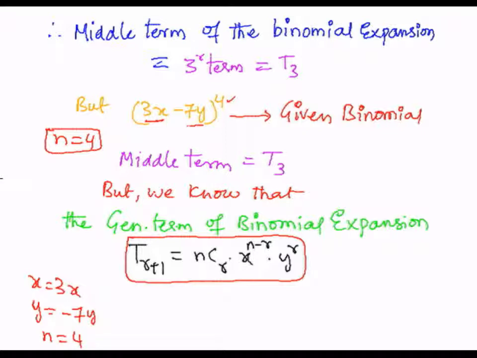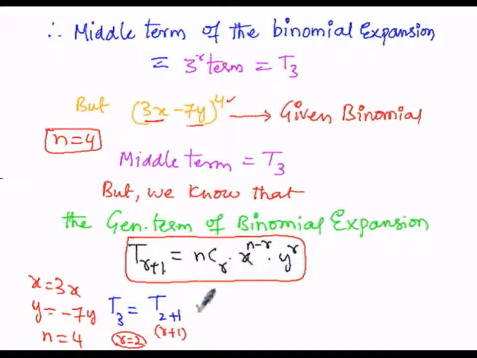Now we have to find out T3. So T3 can be given by T(r plus 1). In order to get 3, 1 must be added to 2. So here it is r plus 1, so the r value is 2. So r is equal to 2.